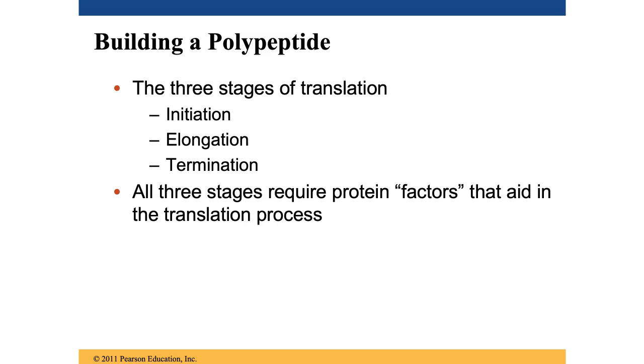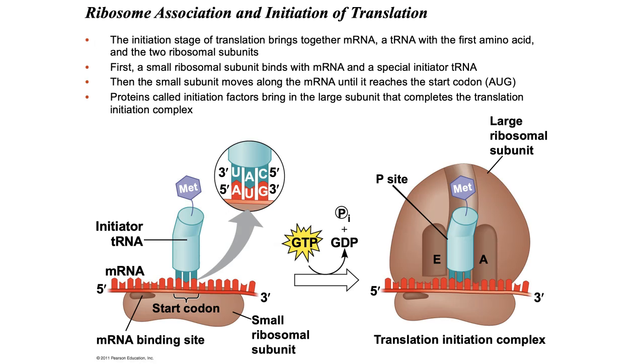So we're going to walk through the 3 stages of translation, and note that all 3 stages are going to require protein factors that are going to aid in the translation process. First up, we have initiation of translation. So remember, the ribosome that we just learned about had 2 subunits. When a translation first starts, those 2 subunits are not together. They're separate.